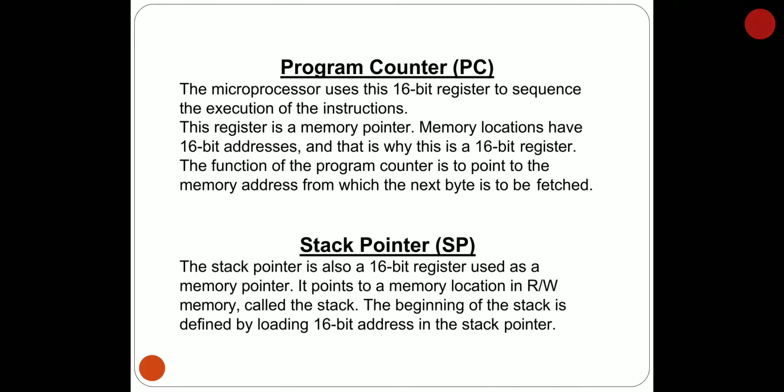The function of the program counter is to point to the memory address from which the next byte is to be fetched. Stack pointer. The stack pointer is also a 16-bit register used as a memory pointer. It points to a memory location in read and write memory called the stack. The beginning of the stack is defined by loading a 16-bit address in the stack pointer.